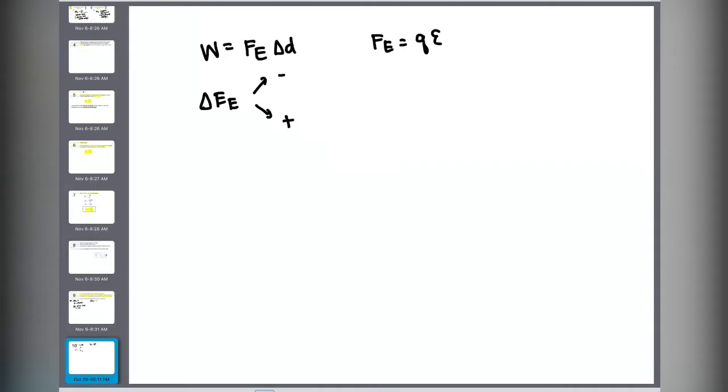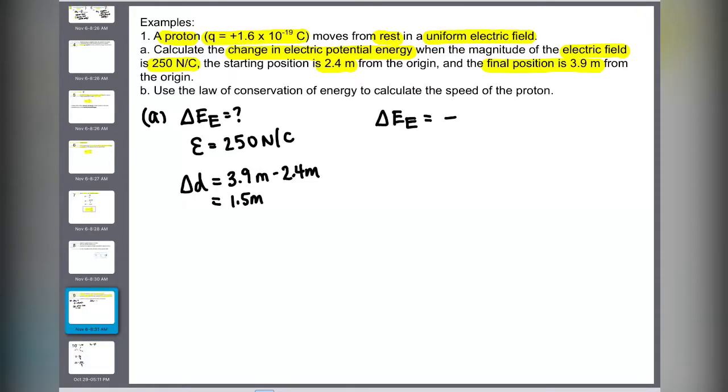We've also talked about V being energy per charge, and delta V being the change in total electrical energy over the charge. These are all the equations; the other ones are just variations of them. So let's go back.